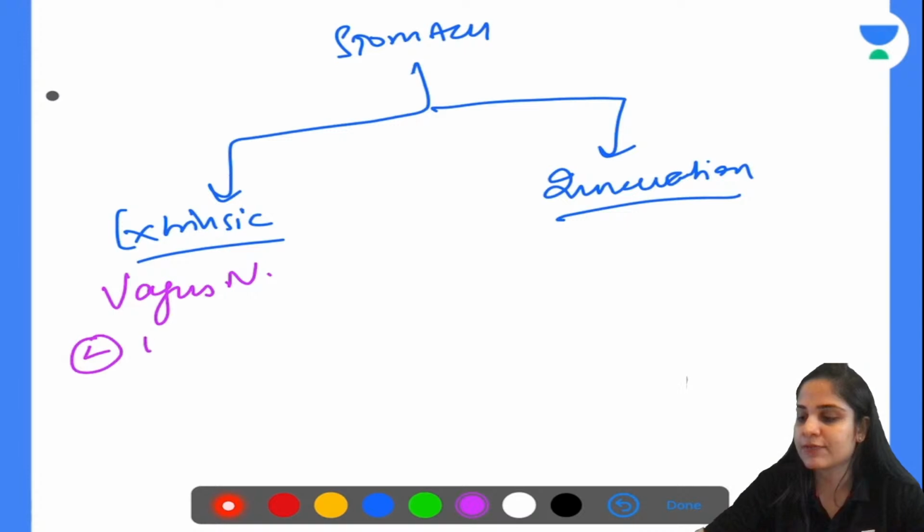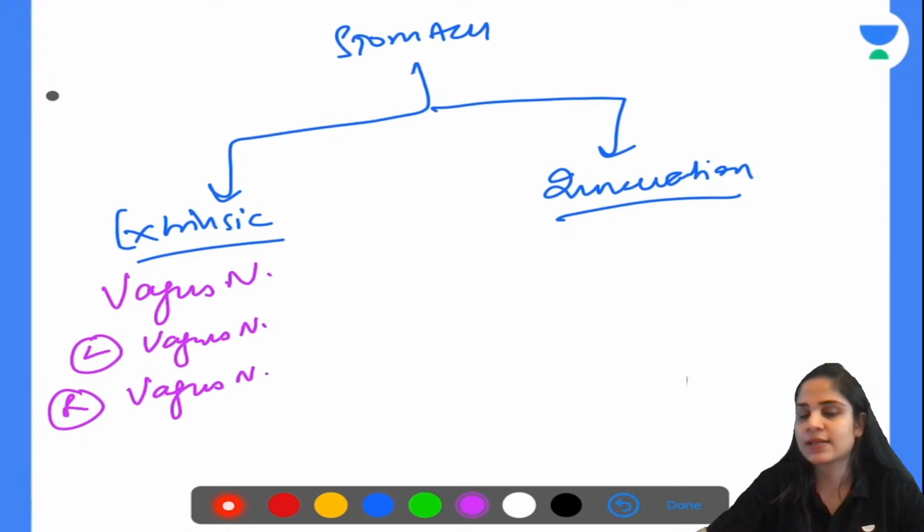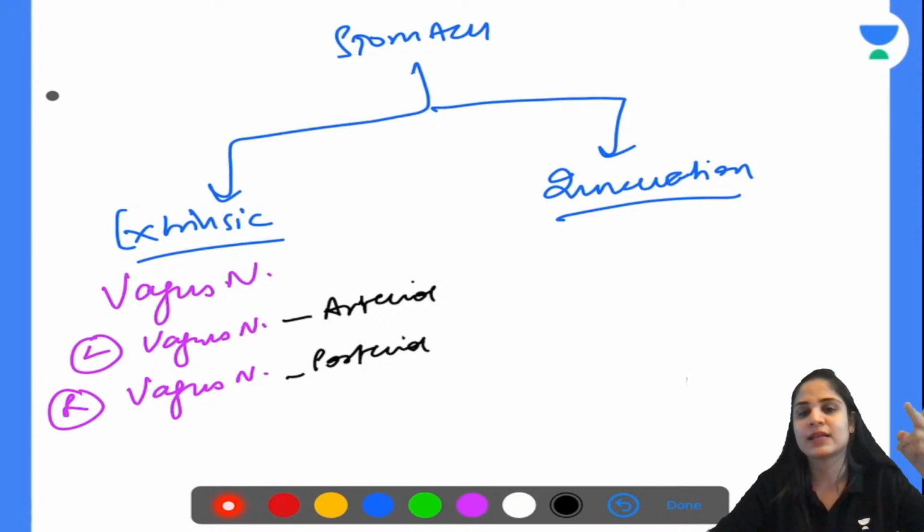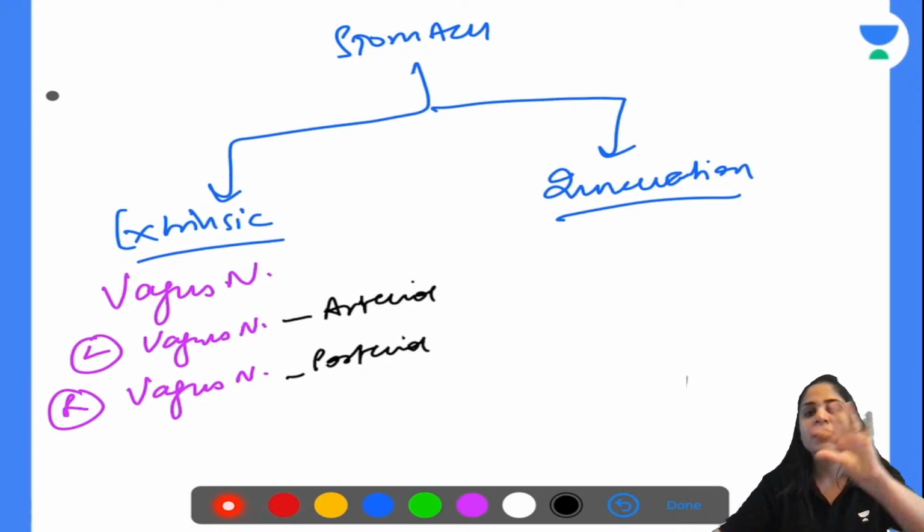The left vagus nerve supplies the greater curvature, and the right vagus nerve supplies the lesser curvature of the stomach. Now just remember this, if you are able to: the left vagus nerve is anterior and the right vagus nerve is posterior. This is one of the questions that has come in the exam. They will just turn it around and say right is anterior, left is posterior. So that is the false statement that you need to remember.